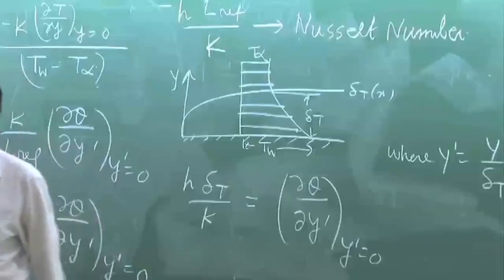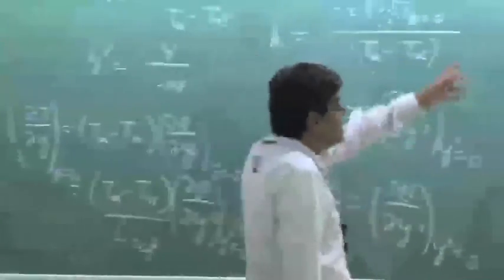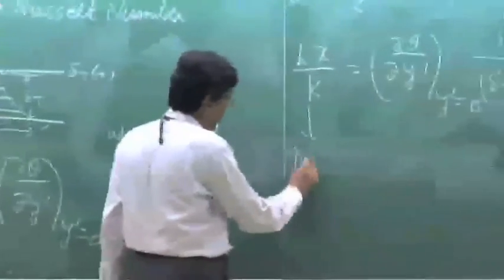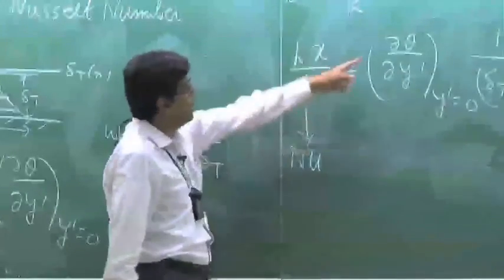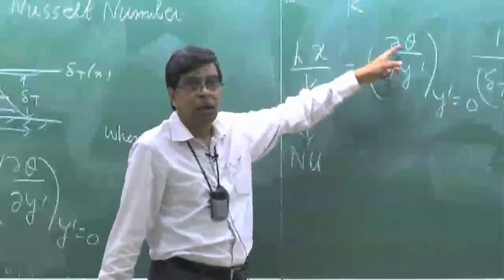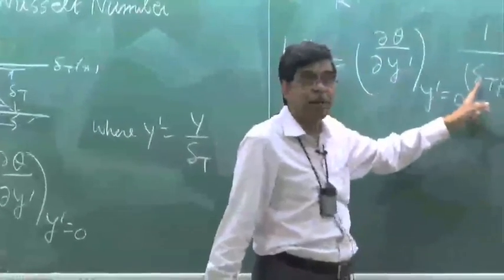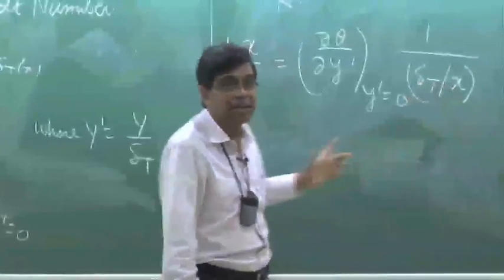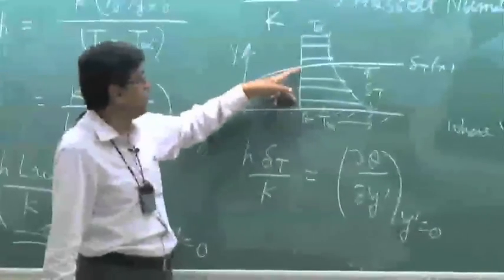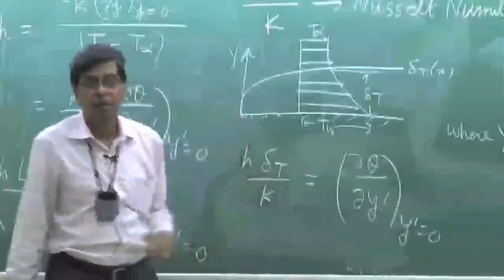Okay, clear? So therefore this is the Nusselt number, Nu equals the non-dimensional temperature gradient times the ratio of thermal boundary layer thickness to x, which is also a non-dimensional form of the thermal boundary layer thickness, delta T by x.